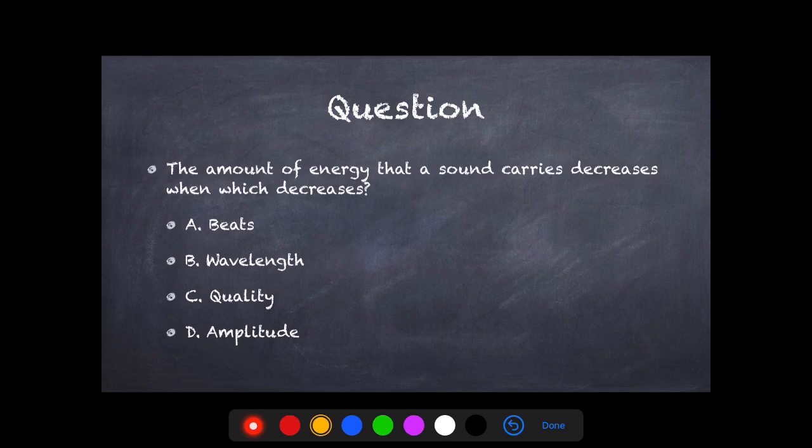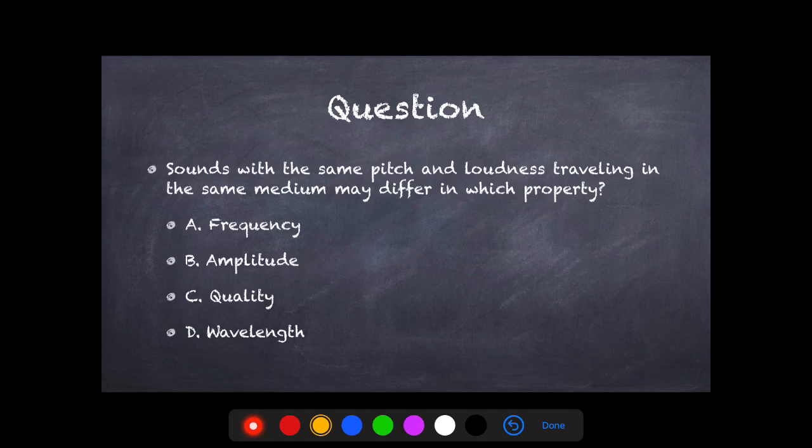The amount of energy that a sound carries decreases when which increases? Give you a second to answer that. The amount of energy that a sound carries decreases when which decreases as well? If you said amplitude, you are correct.